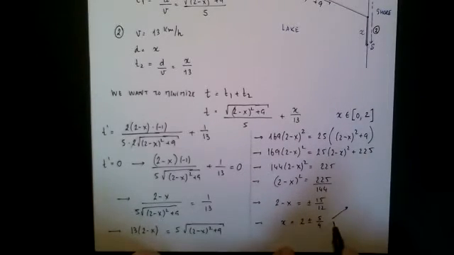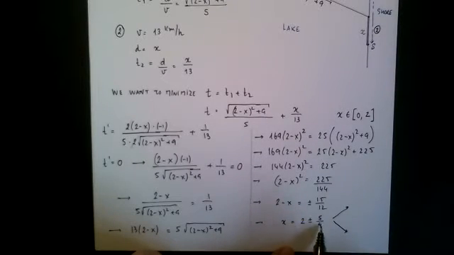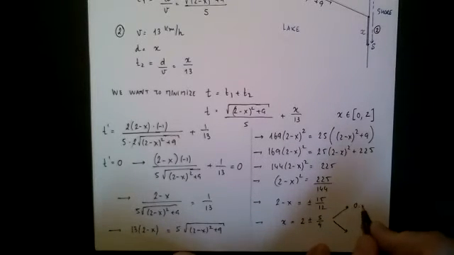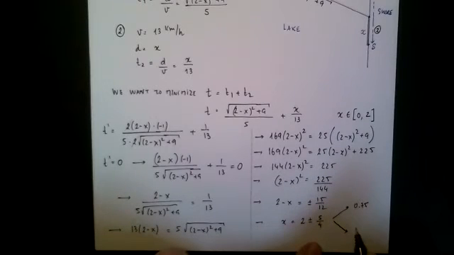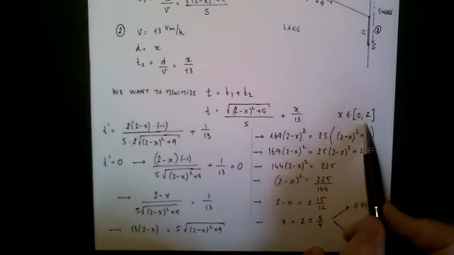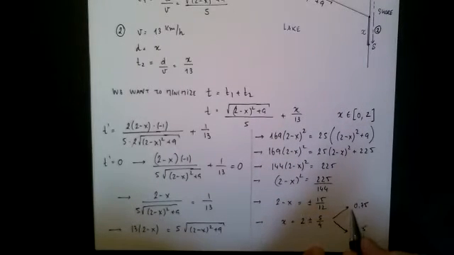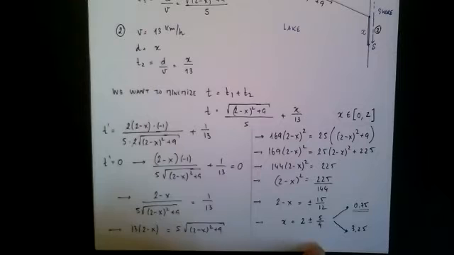Which are two possible values. So 2 minus 1.25 is 0.75, or 2 plus 1.25 is 3.25, which of course we disregard because it's not in our interval. Not good. So 0.75 seems to be our value.